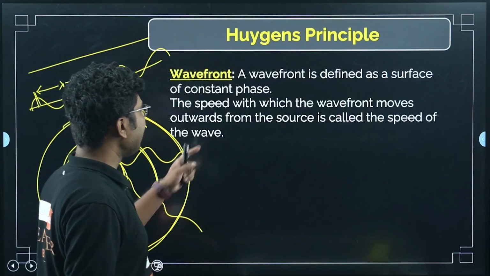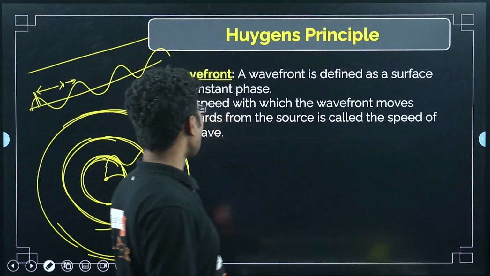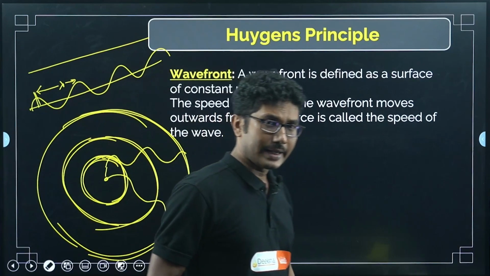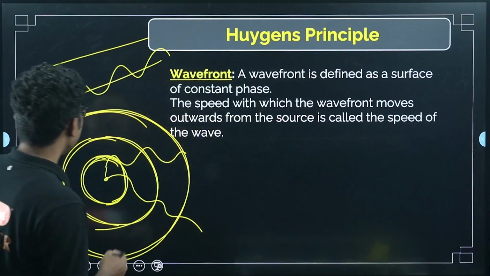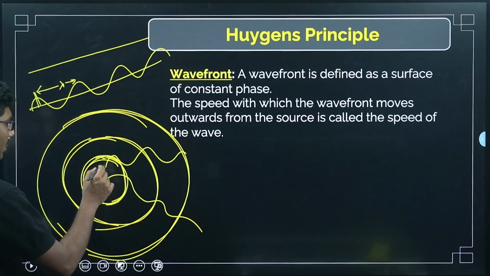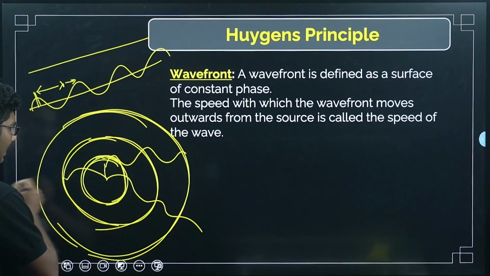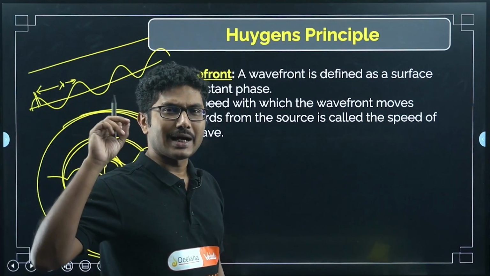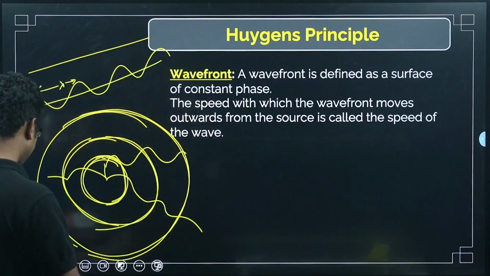Now the speed with which the wavefront moves outward from the source is called the speed of the wave, right? Every wave has a fixed speed in the same medium, so all the waves are traveling at the same speed.